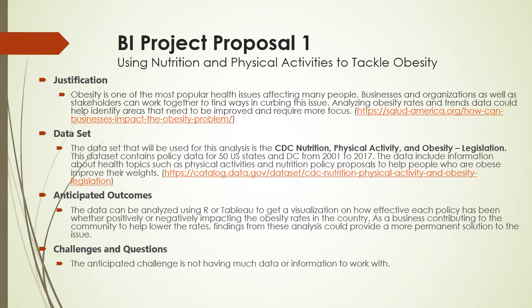Was it physical activity? Was it based on nutrition? What kind of physical activity did the person do? Was it walking, running? What types of foods did they eat? And it's mostly based in communities and in schools.